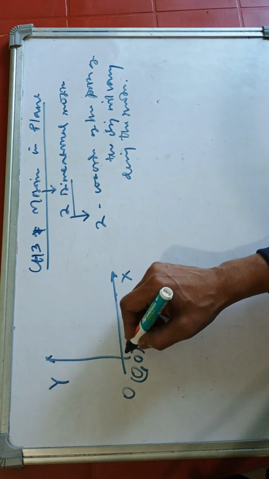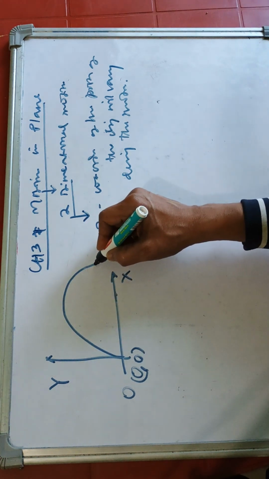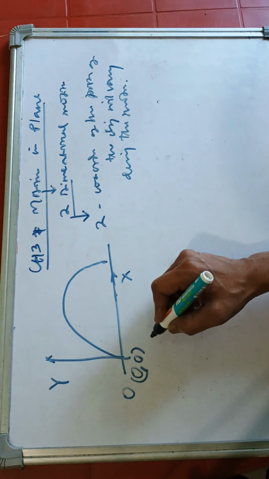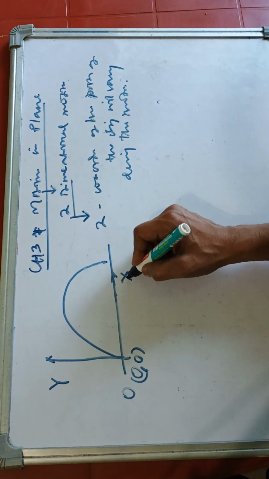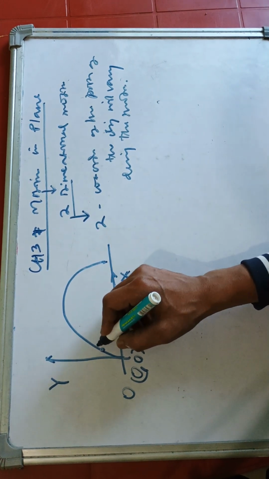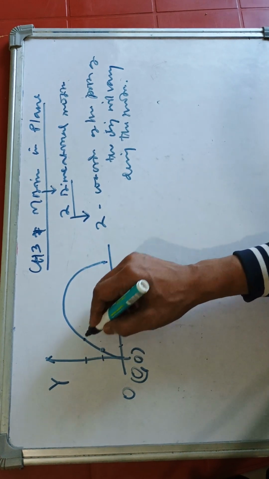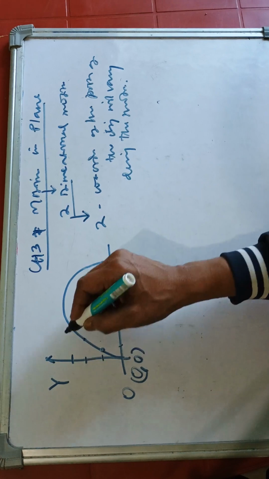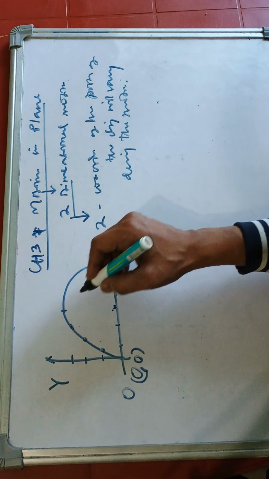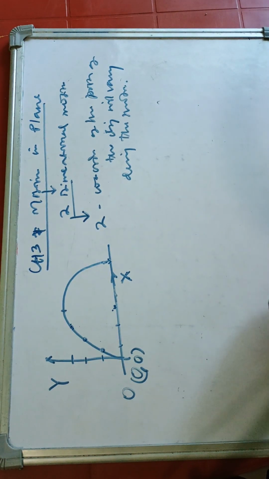Then in this case, if any object moves, at each instant its x coordinate as well as y coordinate will vary, then this type of motion will be termed as two-dimensional motion or motion in plane.